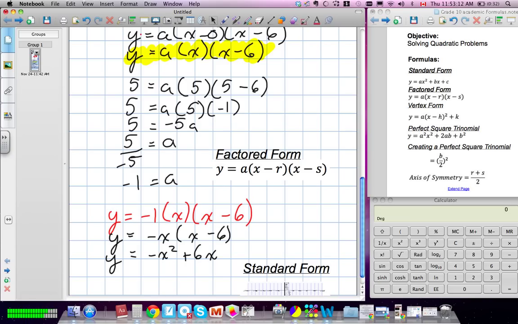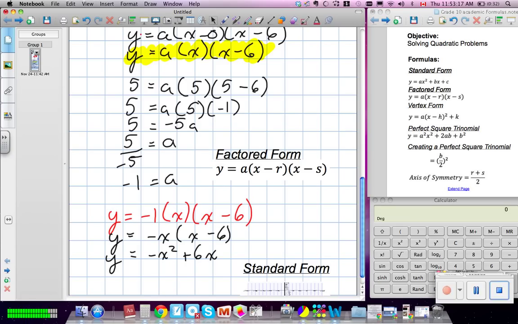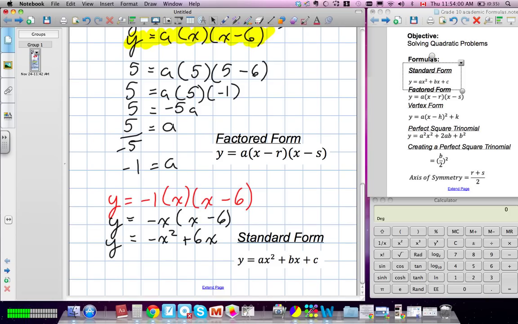Now, just to refer to this, what that means is our A value here is -1. Our B value is +6. What is our C value? 0, that's right. I could technically add +0 to the end of this, but it will make no difference in the equation. So we're going to leave it the other way.